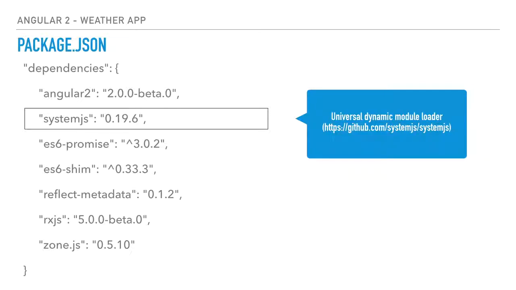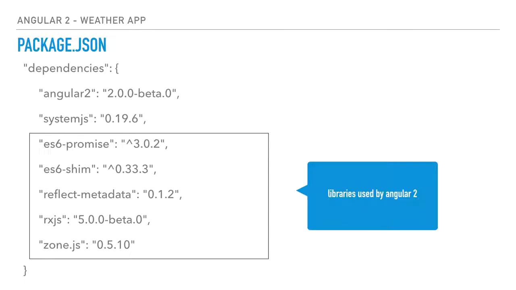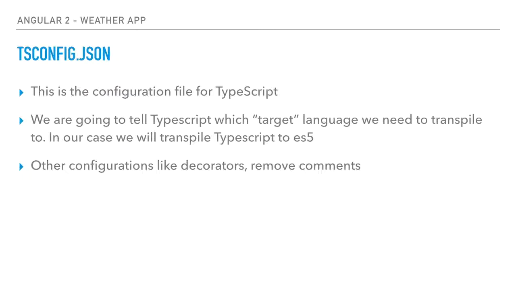We have to specify also SystemJS. This is a universal dynamic module loader. This is a JavaScript library that we will use to load our Angular from scratch. And then we have several libraries that Angular needs to run. So these are dependencies required by Angular 2.